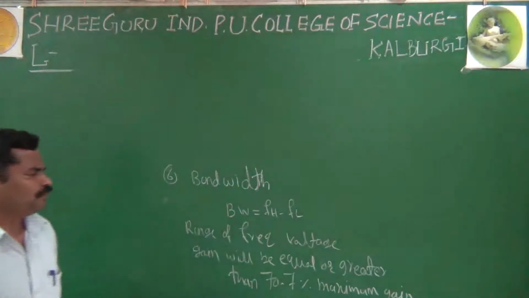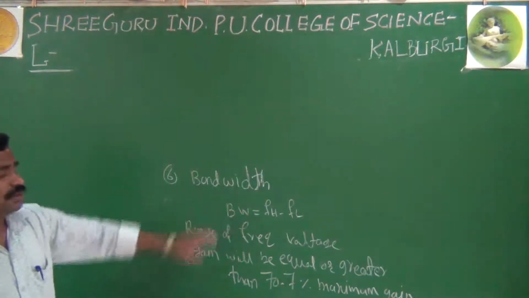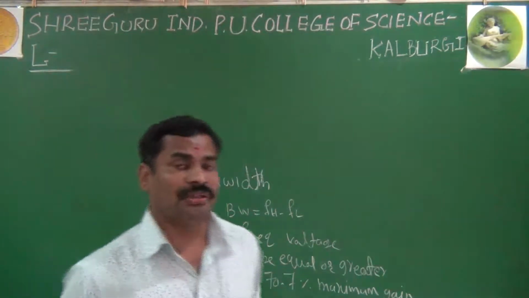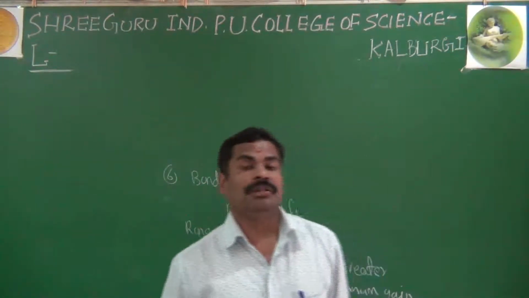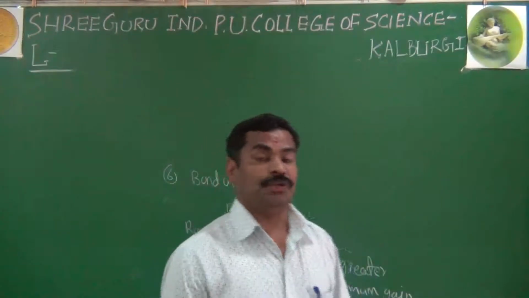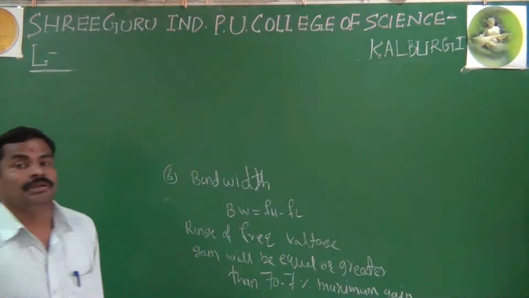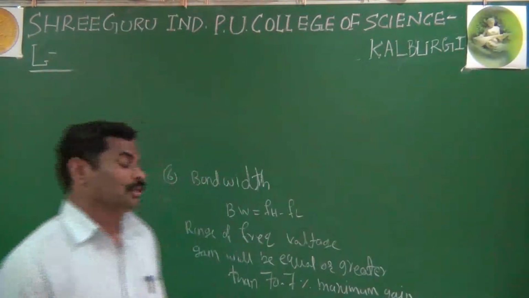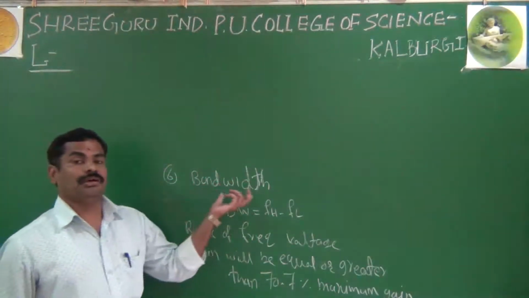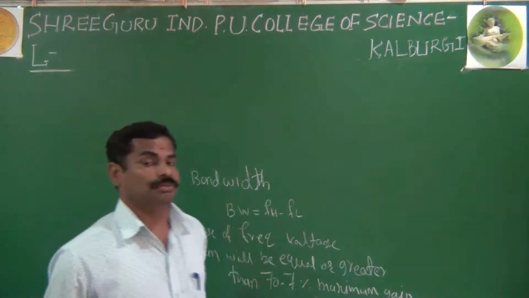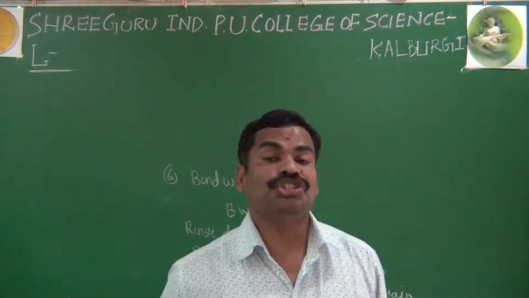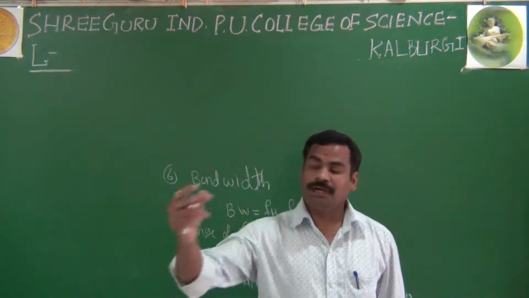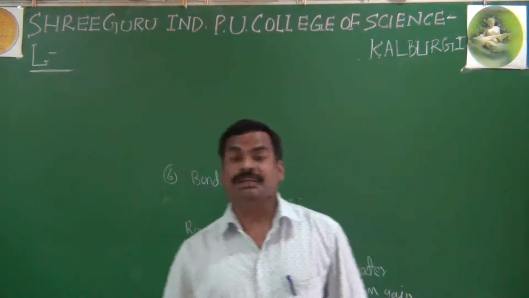And what is the importance of bandwidth? The bandwidth indicates how effectively the amplifier amplifies the signals. It indicates the range of frequencies over which the gain will be constant. How much range of frequency the gain will be constant, or how much range of frequency the amplifier will amplify the signal effectively.